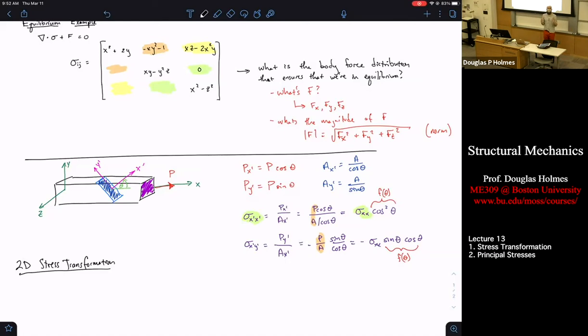We really want to know the stress acting at an angle, normal or parallel to that angle, but it's easy for us to calculate this other stress. And so we have to transform the stress that's easy for us to calculate to the stress that is acting on the area that we're really interested in. That's what stress transformation is, and we can use rotation matrices from linear algebra to solve this problem for us.